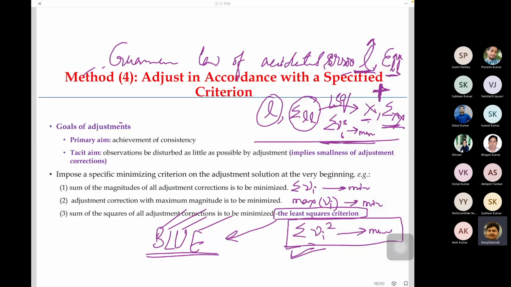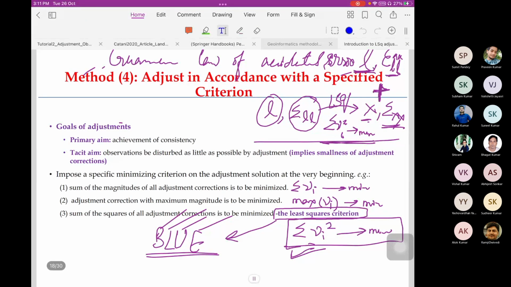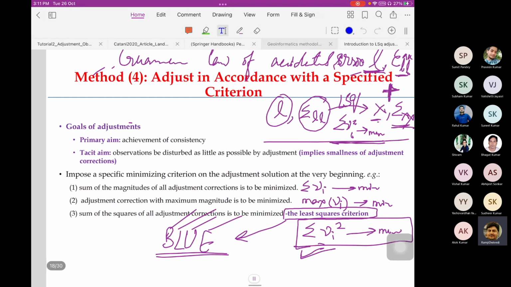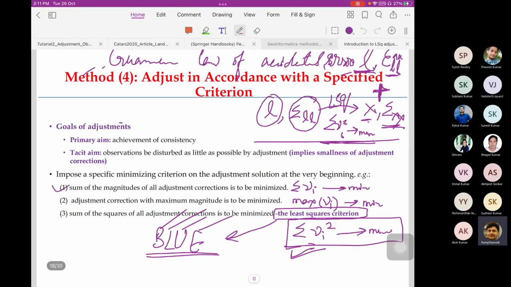One is the sum of the magnitudes of all adjustment corrections to be minimized. Second, the adjustment correction with the maximum magnitude is to be minimized. And then the sum of squares of all adjustment corrections is to be minimized. That is what we call the least square correction.